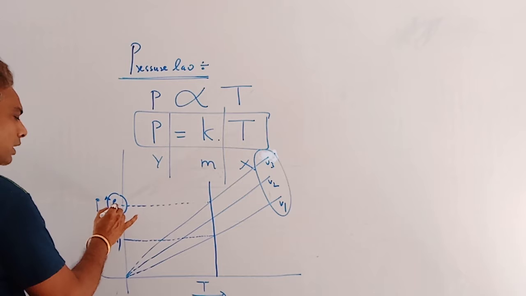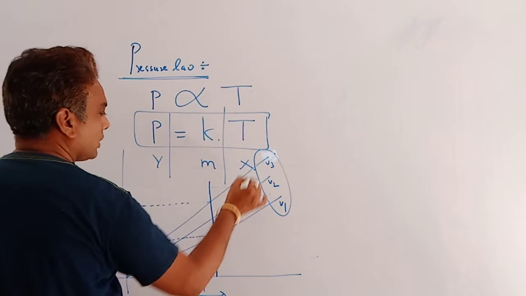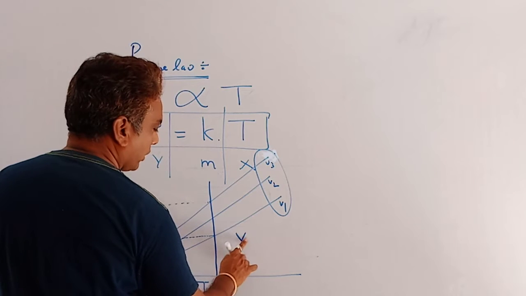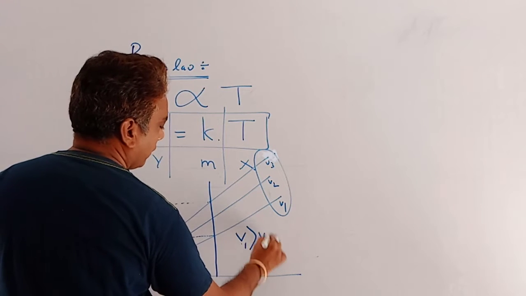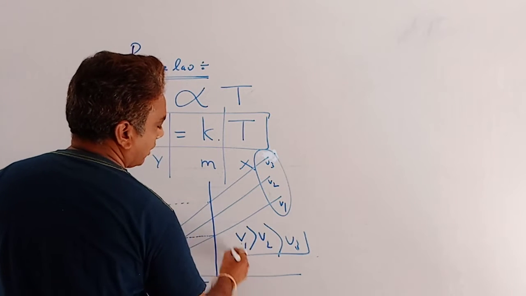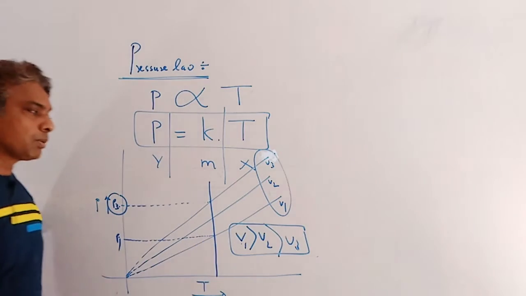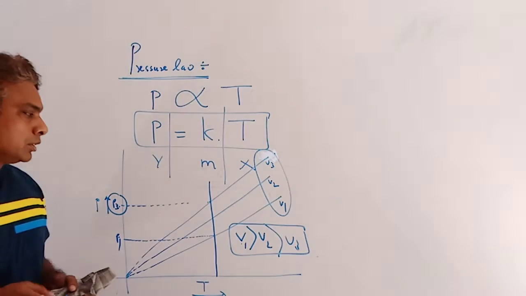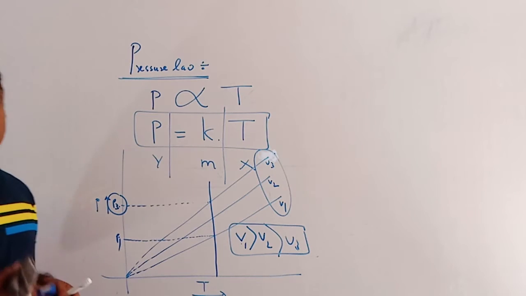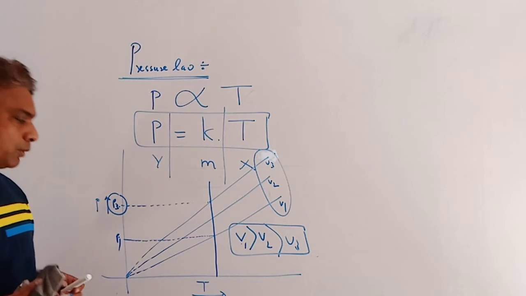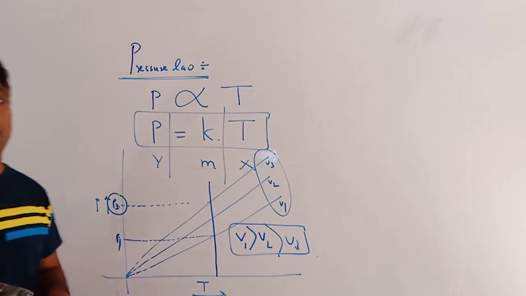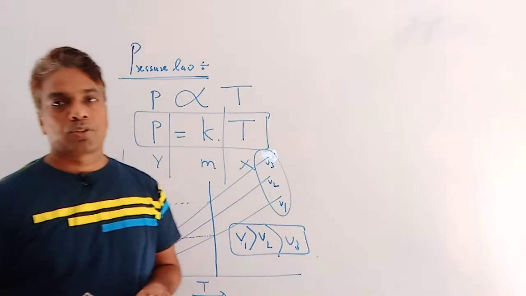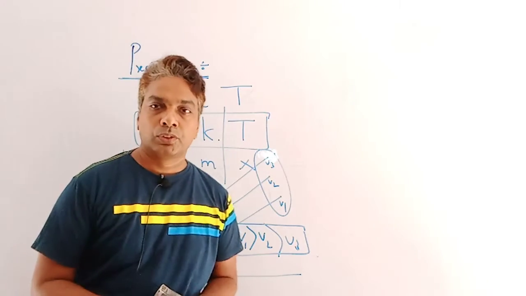Since P3 is greater than P1, so V3 is less than V1. So here is the relation between these volumes. V1 is greater than V2 is greater than V3, since pressure is inversely proportional to volume. Clear? So one graph can be easily converted into another graph with the help of the given condition at constant temperature, constant volume, or constant pressure. Clear?